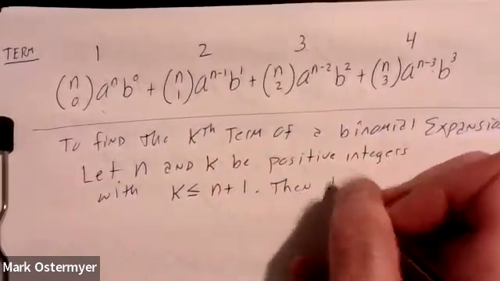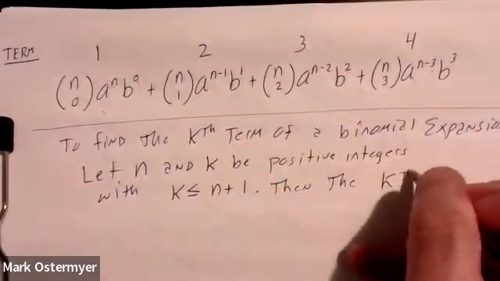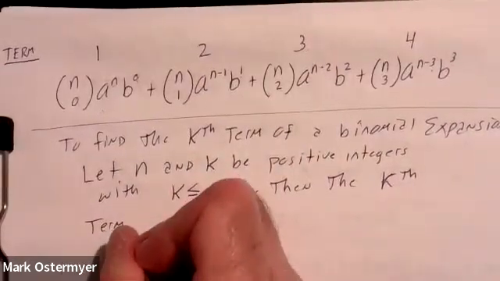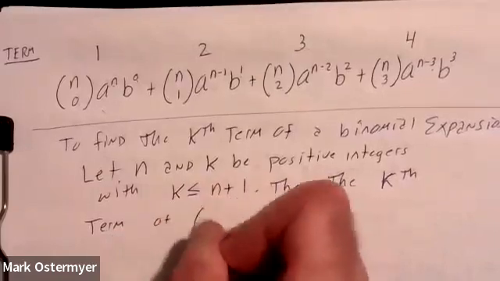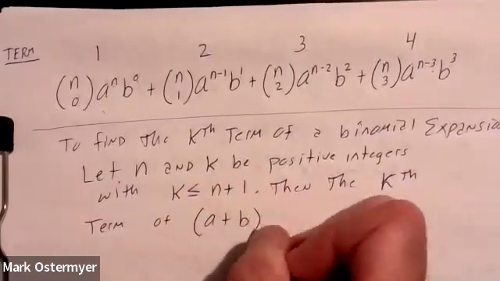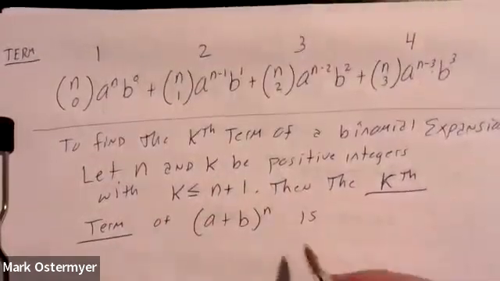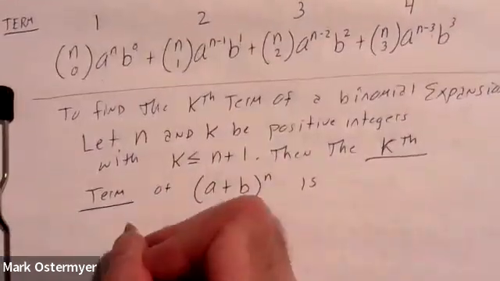Then the kth term of the binomial expansion, a plus b to the nth power, the kth term is going to be given to us by this formula.